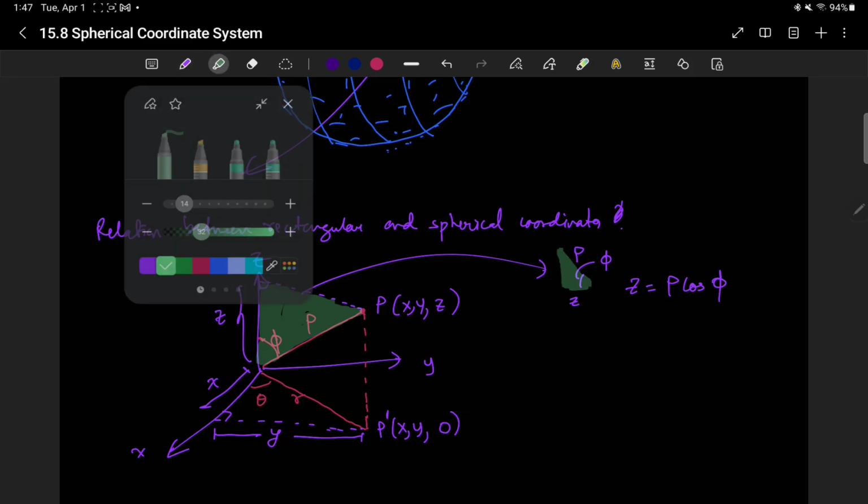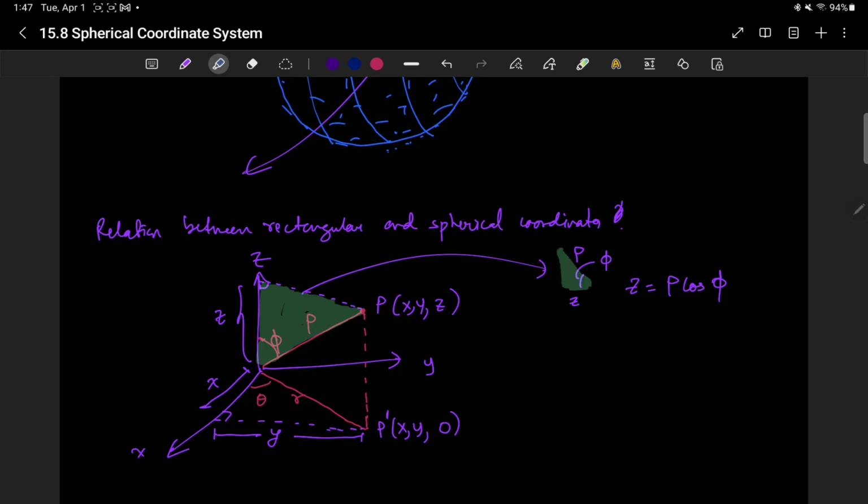And if I take this other triangle over here, this is also a right triangle because we have a projection at the bottom, and projections are 90 degrees. So I take this triangle here. This is another right angle triangle.